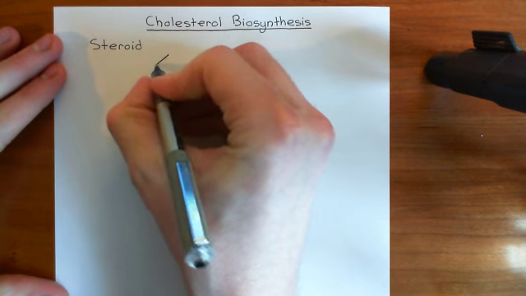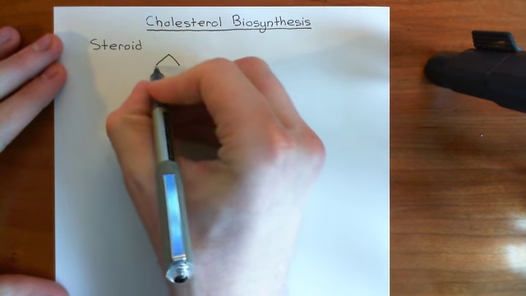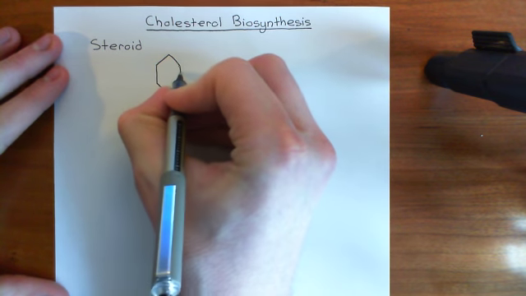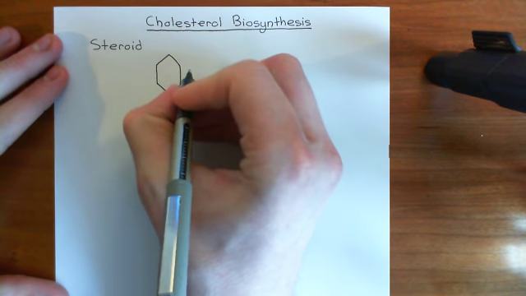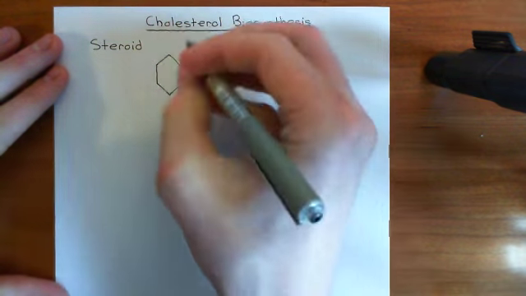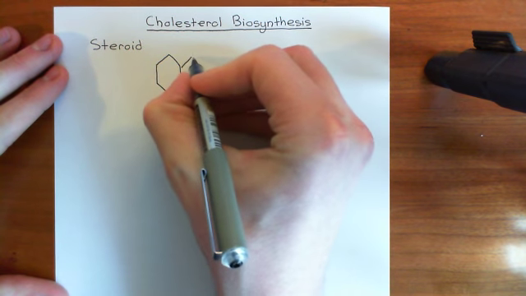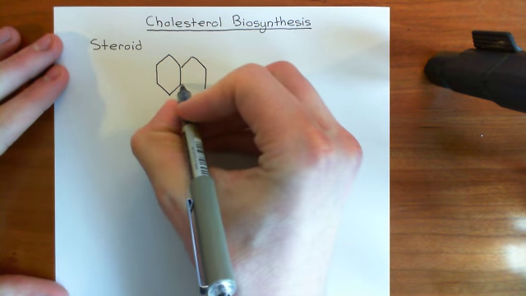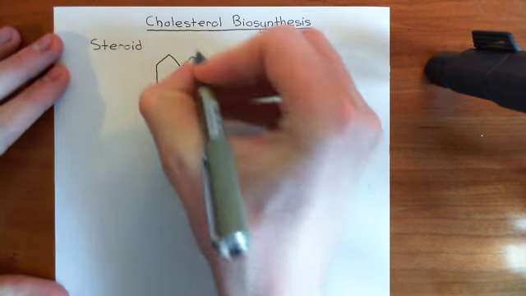So let me show you the structure of a steroid. All steroid molecules have this conserved structure within them. They have 4 carbon rings, 3 of which are 6-membered and 1 of which is a 5-membered carbon ring. So here's the next 6-membered carbon ring.